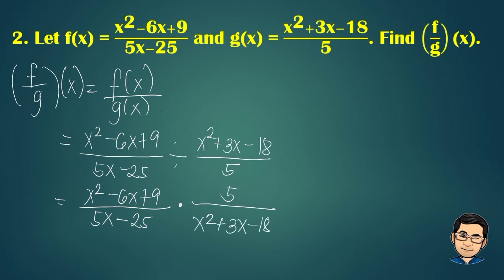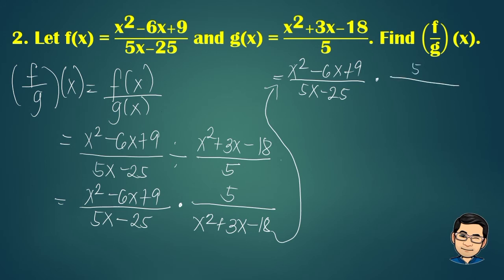So, kung may mga naririnig po kayong aso sa background, pasensya na po. So, and then, rewrite lang natin ulit x squared minus 6x plus 9 all over 5x minus 25 times 5 all over x squared plus 3x minus 18.